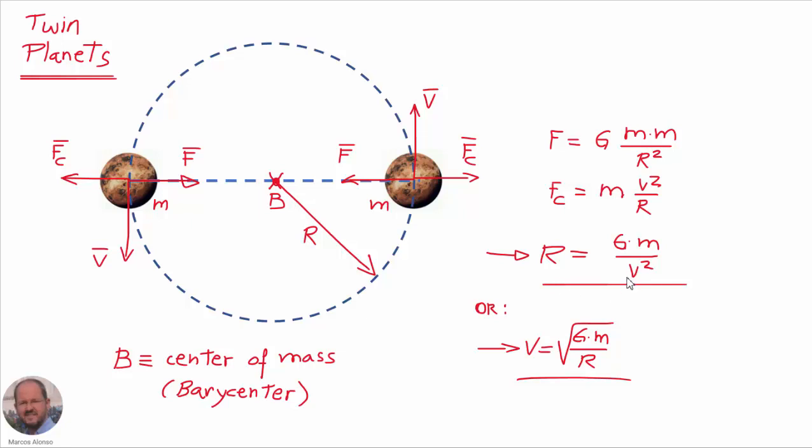If we know the speed, or if we know the radius, we could calculate the speed with this expression here. So in this situation we can see that all the forces are equal, so the planets can be on this circular trajectory around this middle point B, which is the center of mass, the barycenter of our system.